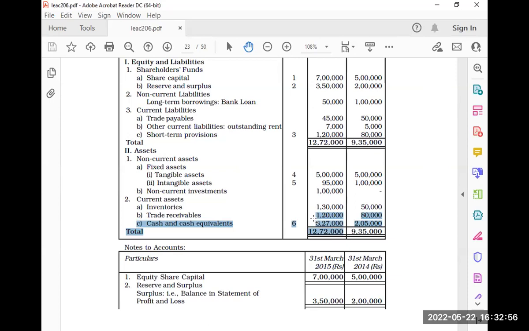So 3 things: ratio, financial statement, and cash flow, 3 for the case study. Okay. Come to Section B. In Section B, we have 6 or 5 questions. Out of that, you have to answer 4, I think.